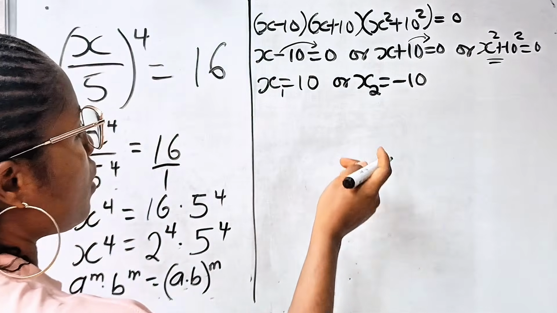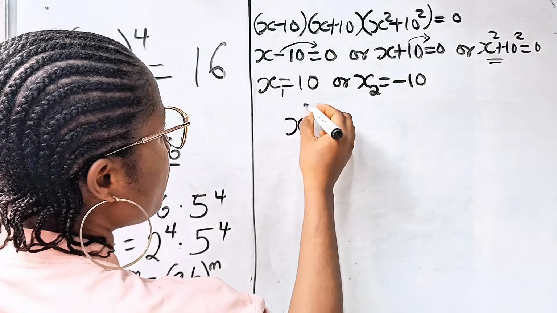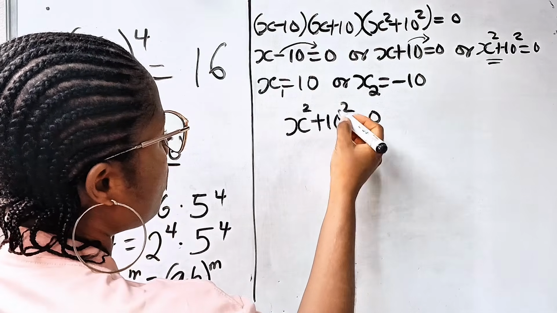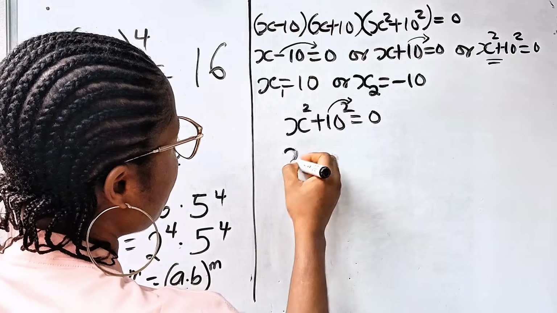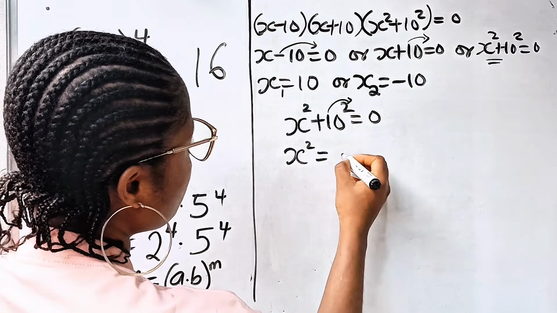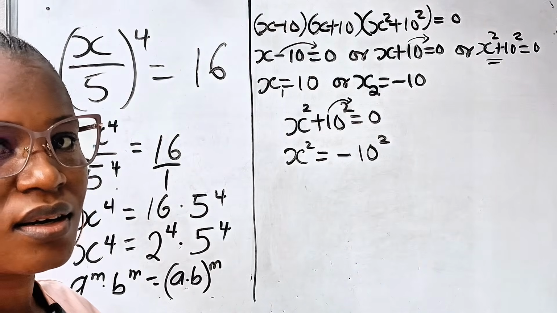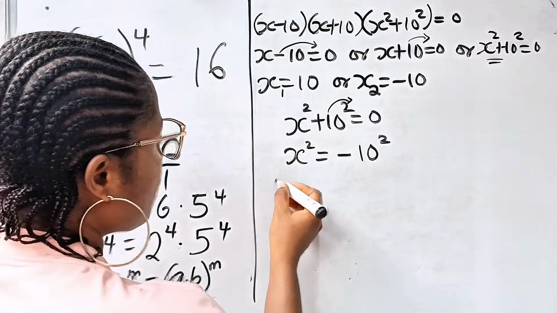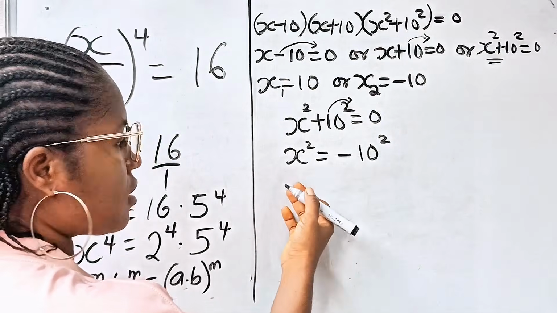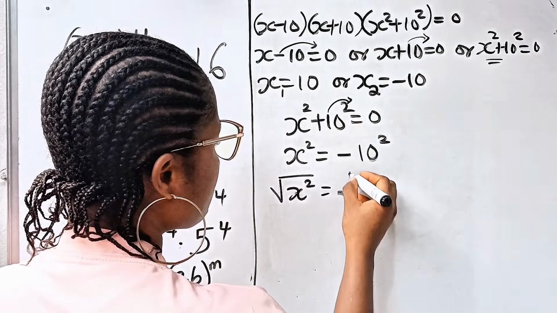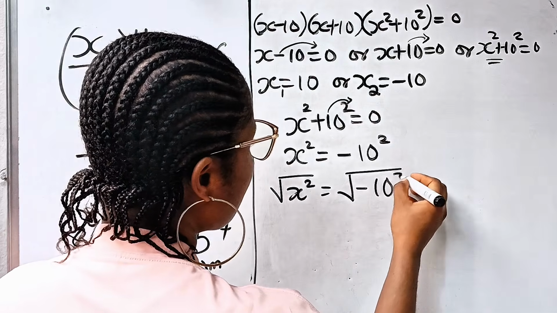So we have that x^2 plus 10^2 is equal to 0. So if we transfer this, we have x^2 is equal to negative 10^2. All right, so let's take the square root of both sides. We have the square root of x^2 is equal to the square root of minus 10^2.